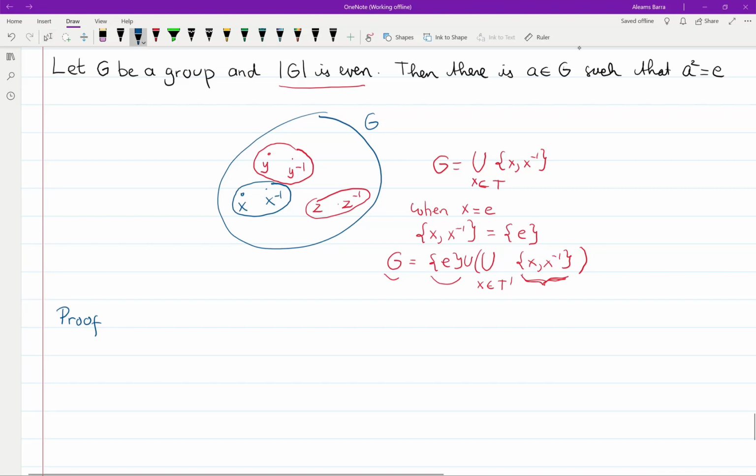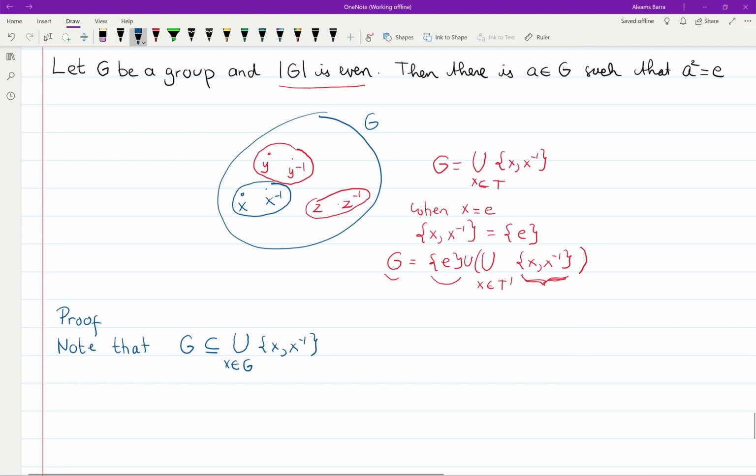So first, note that G is contained in the union over X in G of {X, X inverse}.